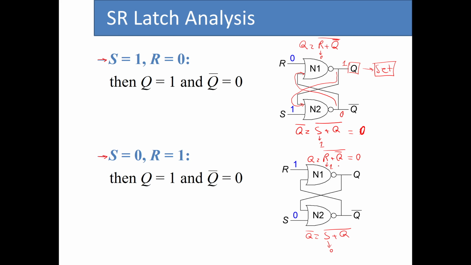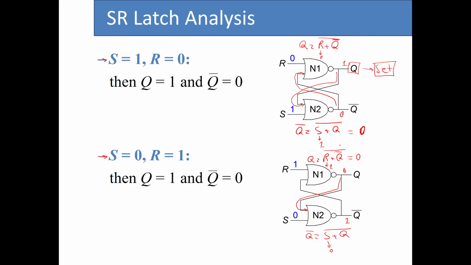So based on this, since R is 1 and S is 0, the value for Q is going to be 0. So this is passed through this wire as the other input of N2. So now we have 0 NOR 0, which based on the truth table that we had in the previous slide, makes the output to be 1.